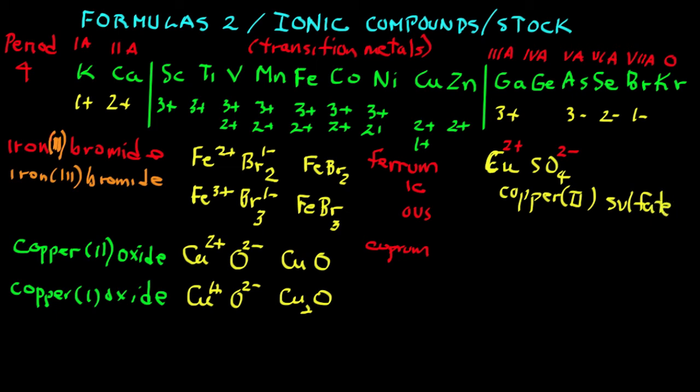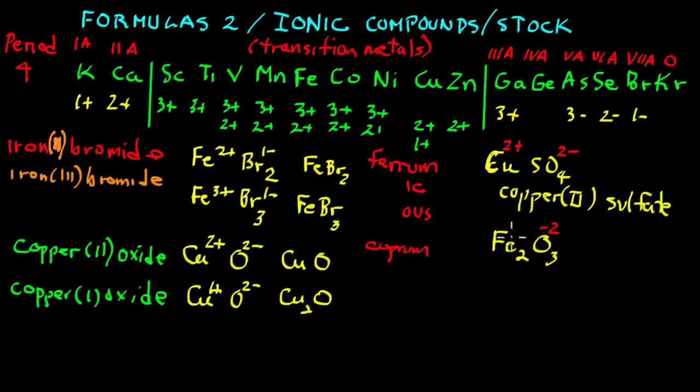And let's try another one. Let's say we have this formula Fe2O3. Now oxygen's not up here. You're going to have to know by now oxygen is in group 6A. It's a -2 charge. So 3 times a -2 is a -6.